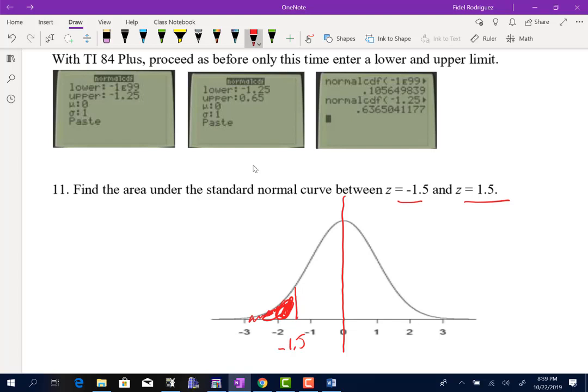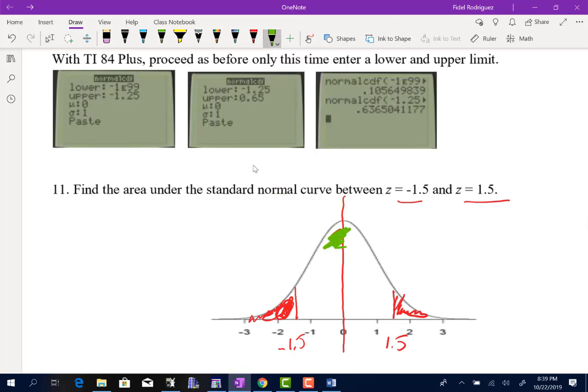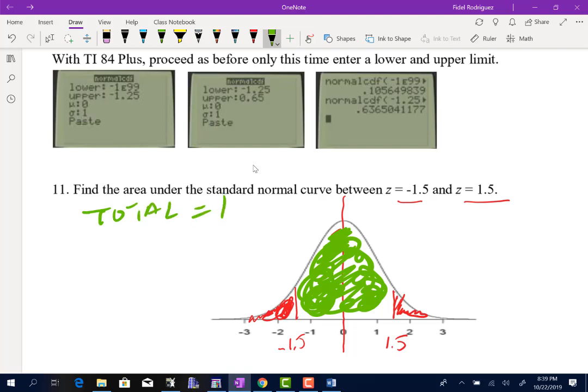So if we're trying to find the area between negative 1.5 and positive 1.5, in essence, we're trying to find this bit in the middle, right? Okay. So, guys, if we were going to do this, wouldn't we really say, we know the whole area, the total is going to be 1, right?